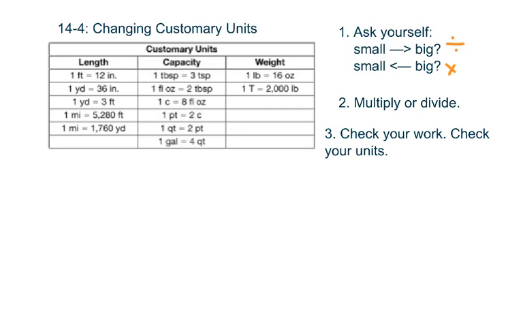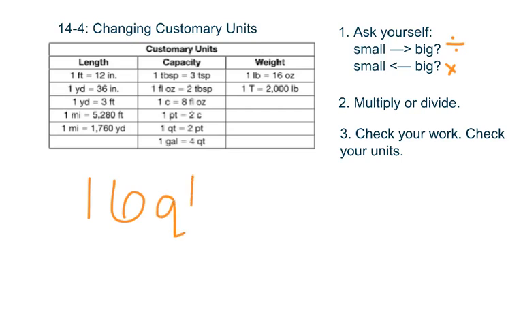In this example, I want to convert from quarts into pints. So I'm going to notice on my conversion chart which one says quarts and pints. Here we go, quarts and pints.